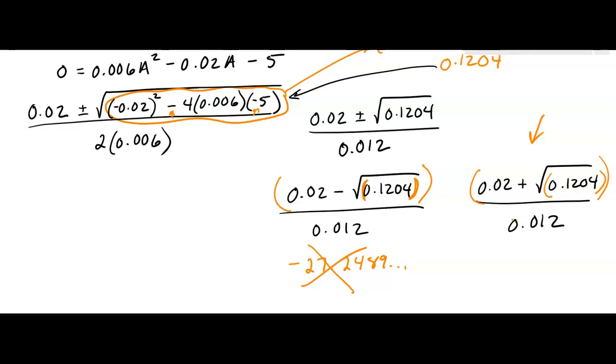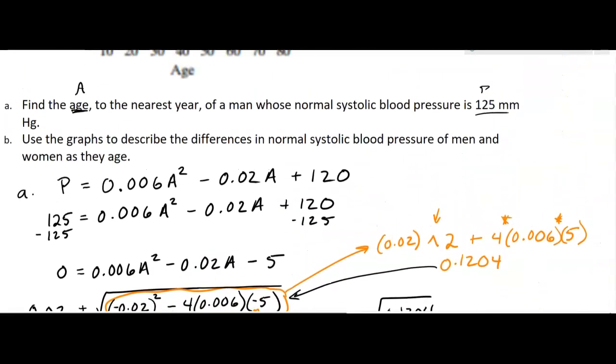And I'm getting 30.5822, blah, blah, blah. Okay, that's okay. We want to round to the nearest year, so it's going to be 31 years. So the man was about 31 years old. Okay? All right, play around with your calculator so you can get those calculations.